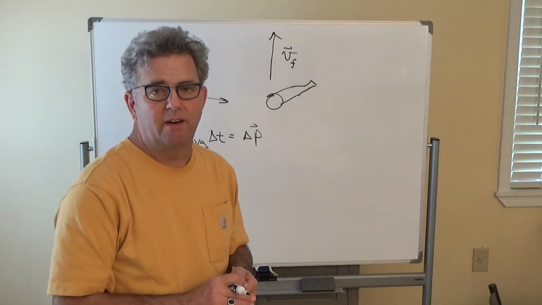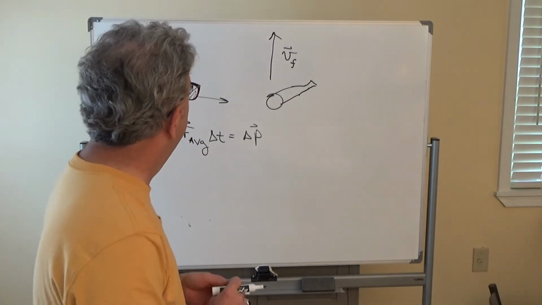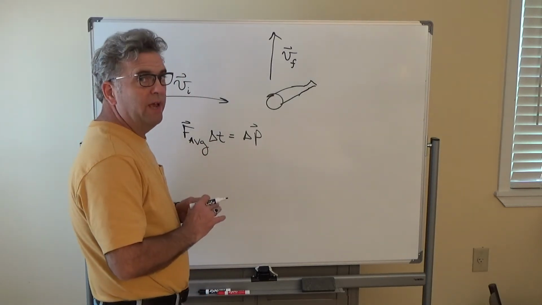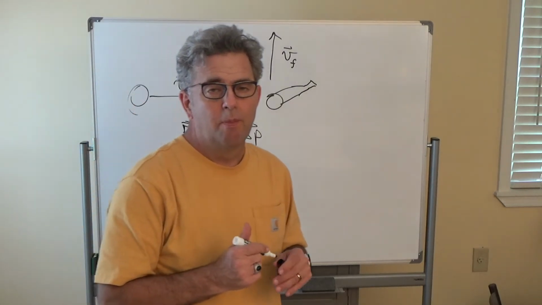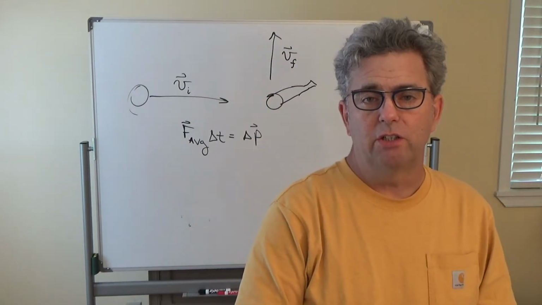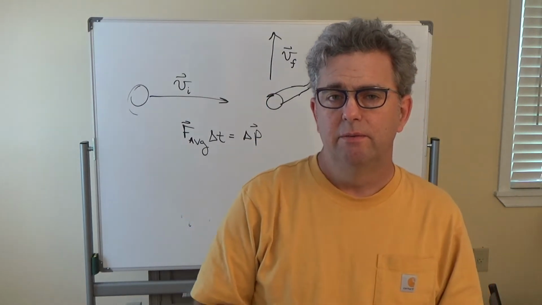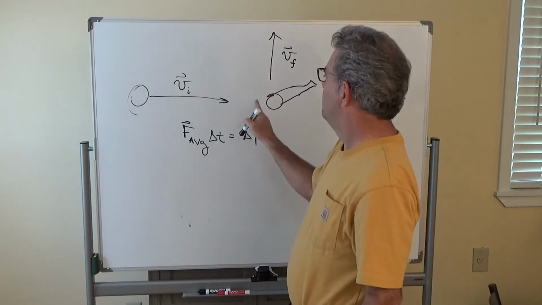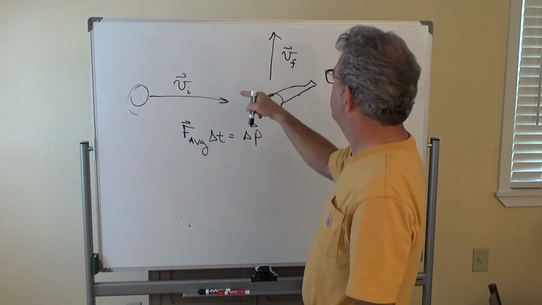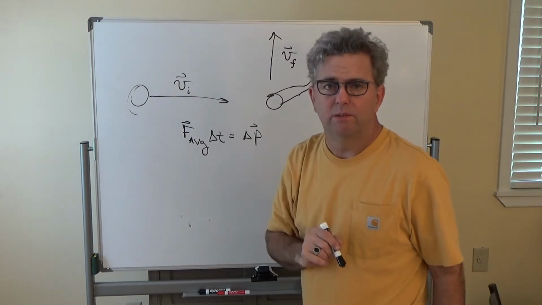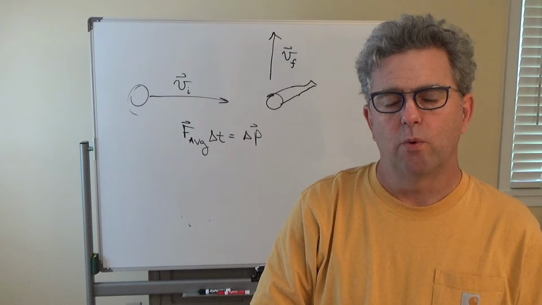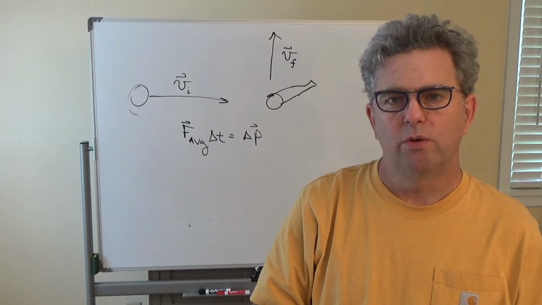That's MV final minus MV initial, and divide by delta T, and that'll give you the average force. Remember that it's a vector, so you're going to get two components. You're going to get some change in force that is this way, whatever way it is. Okay. So you get an X component and a Y component for the average force.